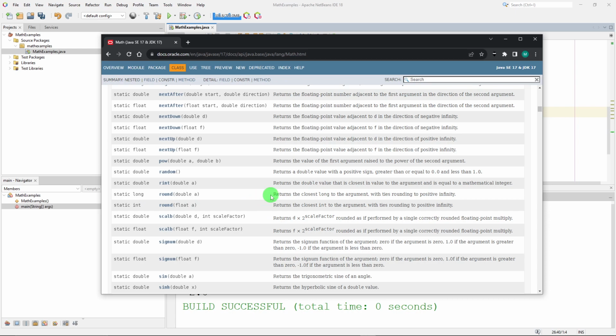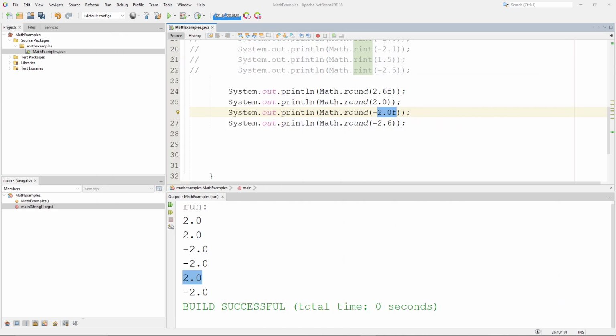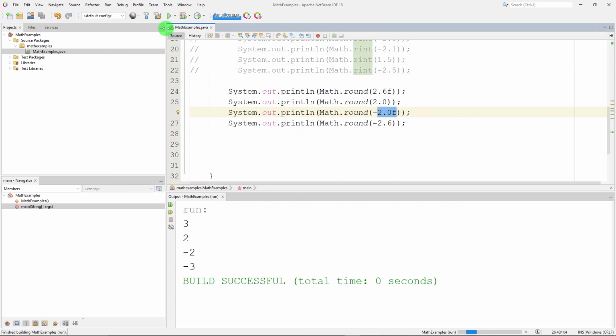So it returns the closest long, which is still an integer data type, to the argument, with ties rounding to positive infinity. So in this case, the 0.5 will move up. Okay. It returns the closest int to the argument if we pass it a float, with ties going to positive infinity. So this is traditional rounding that we're used to. Let's do this and take a look at them.